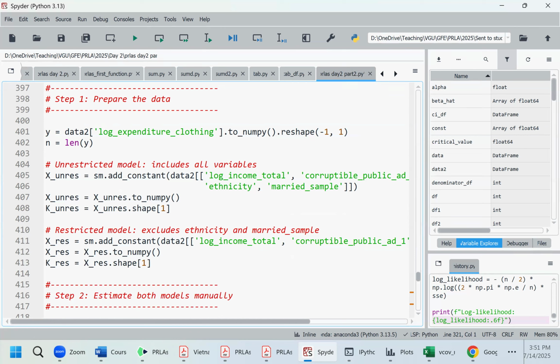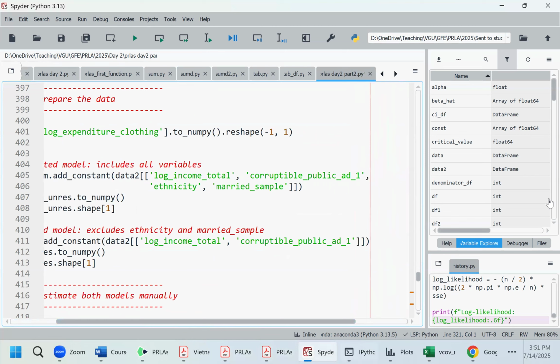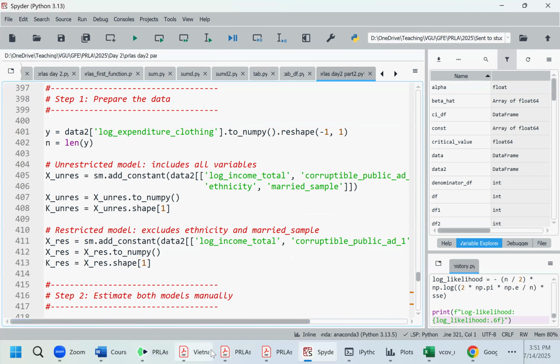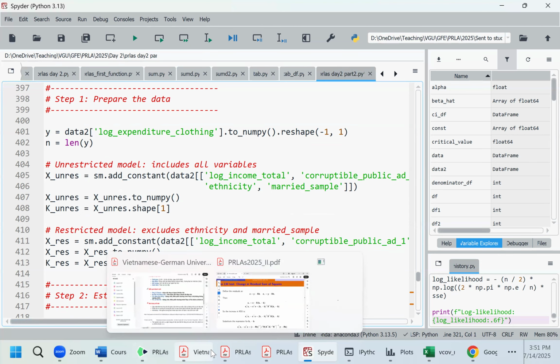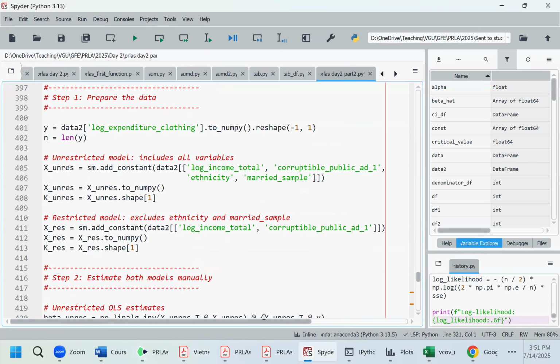So the restricted model is nothing more than this one. Basically, in the restricted model, we just have two fewer variables, right?